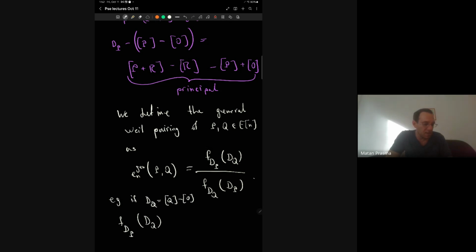This is because by assumption the support of DP is disjoint from the support of DQ, and the support of F_DP is the same as the support of DP. So this is then going to be F_DP evaluated at Q times F_DP evaluated at O to the minus 1. Okay?